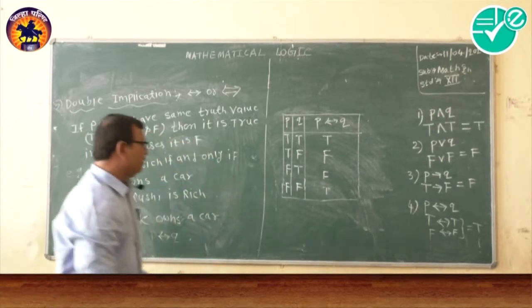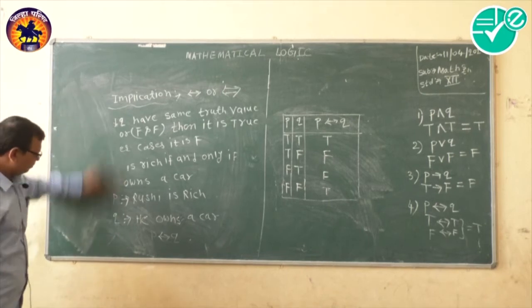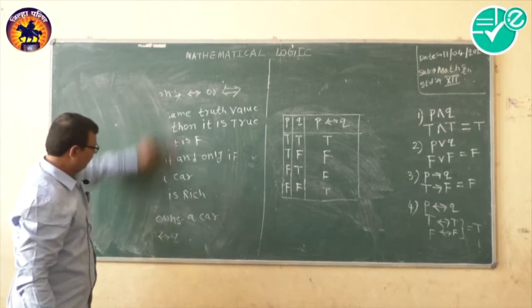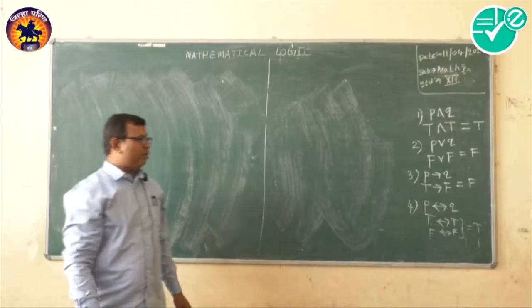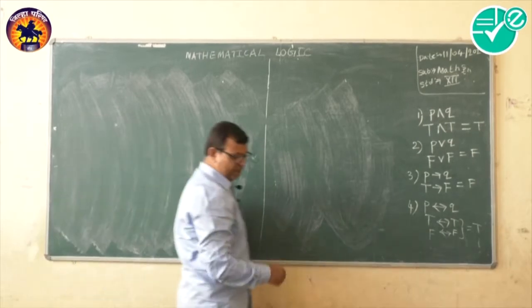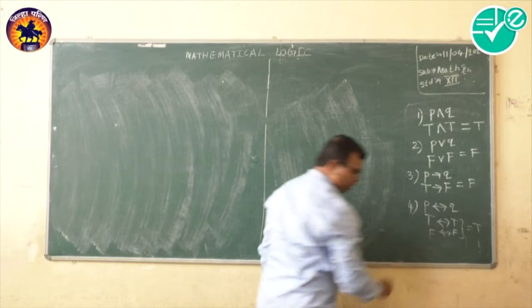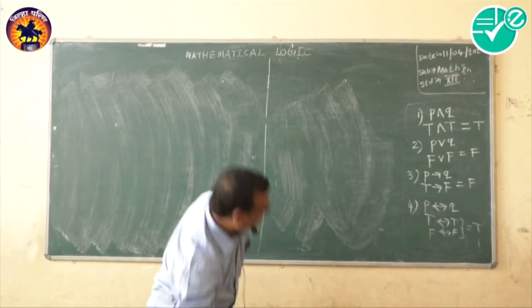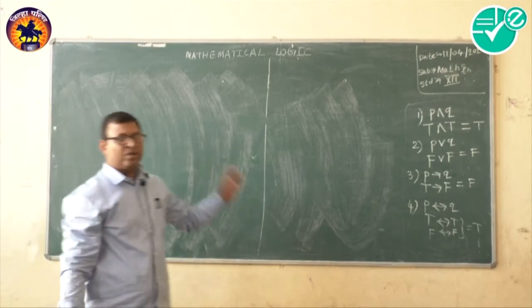Understood? We have to learn only these 4 points, which are very important for this chapter. If you learn only these, you can solve the examples.